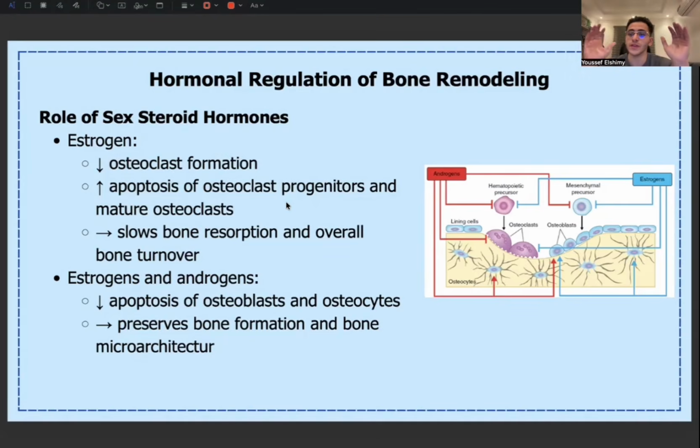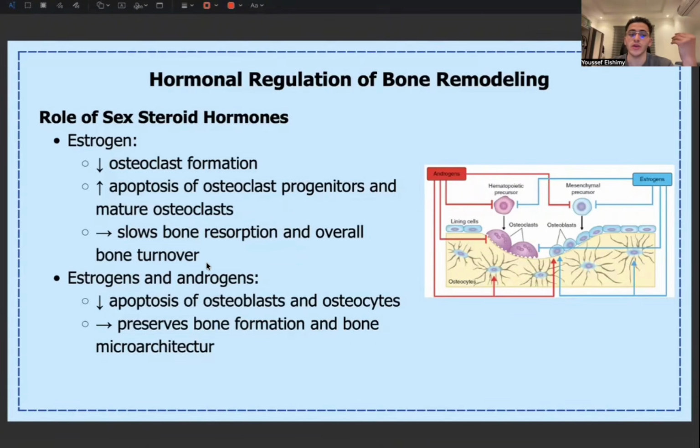So overall effect, it decreases the osteoclasts. So there would be decreased bone resorption and an increased bone formation. So estrogen has a protective role in preventing bone diseases like osteoporosis, and it does that by slowing down bone resorption and overall bone turnover.